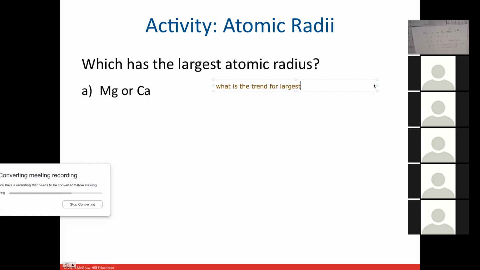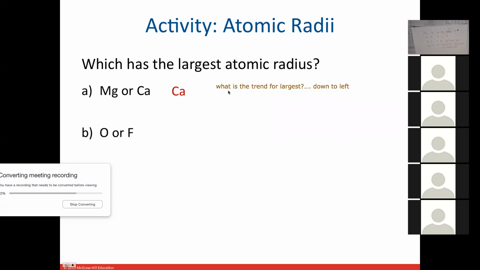Largest is down to the left, right? So that's why calcium is down, so it wins. That's what you have to ask yourself before you do those.